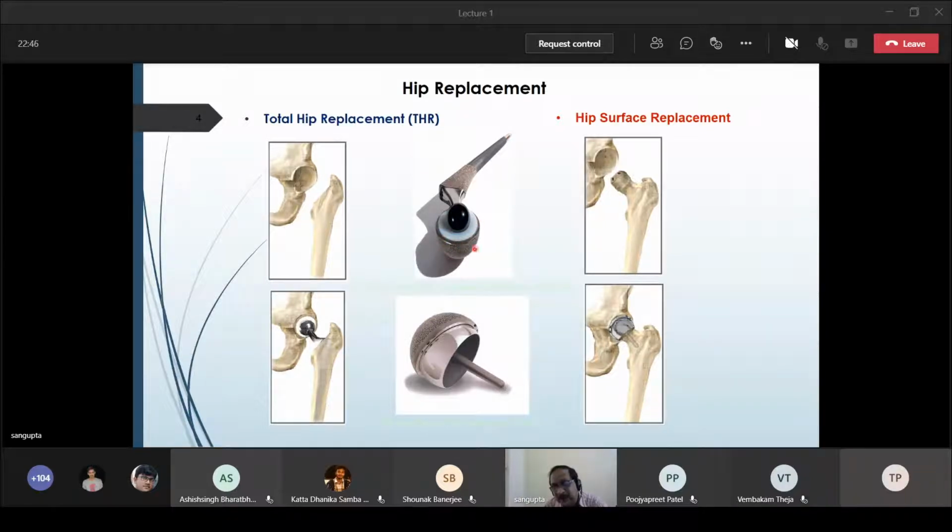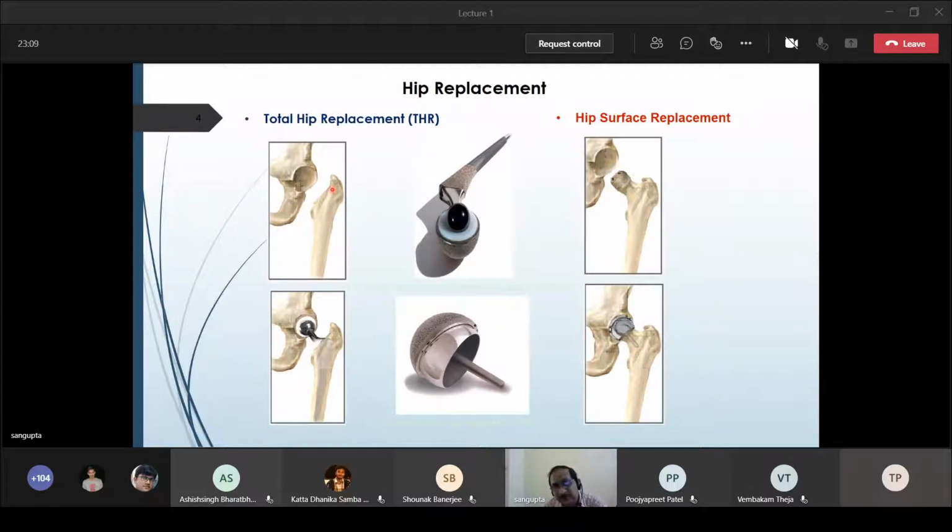The other thing, the socket, is the acetabular socket. As you can see, it also has porous coating on the undersurface of the implant where bone can grow inside. So both systems, the acetabular component and the femoral component, are uncemented, as is seen from the picture. Okay. So this is total hip replacement.